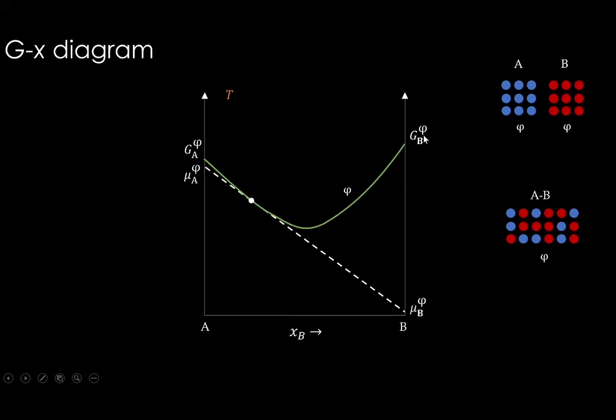The superscript phi represents the Gibbs energy of pure A, if A is in phi crystal structure, and this is the solution of A and B in the crystal structure phi, and this is the chemical potential of A when A is in crystal structure phi. So the entire thing is represented in terms of one phase label phi.